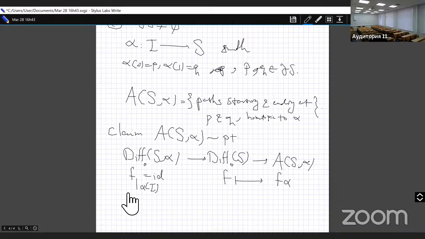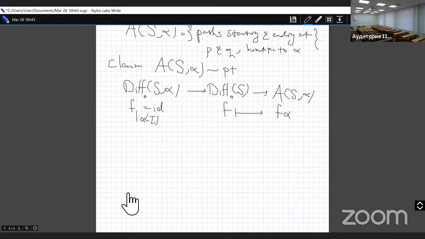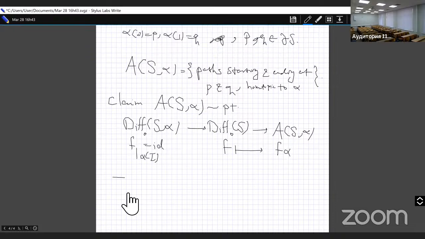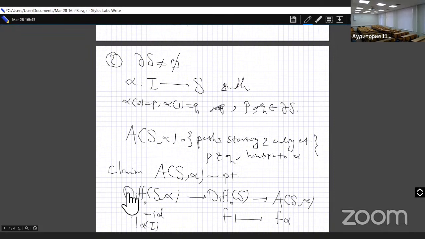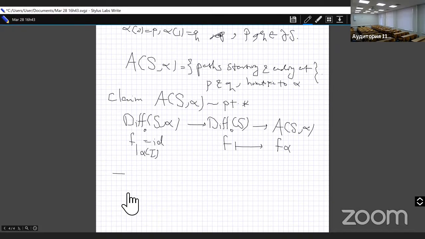By accepting this fact, which I'm going to prove after the break, this tells us that diffeomorphisms of S are, hold on. Why is F alpha homotopic to alpha?